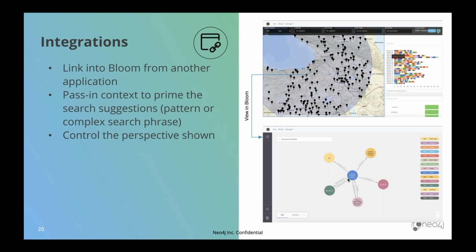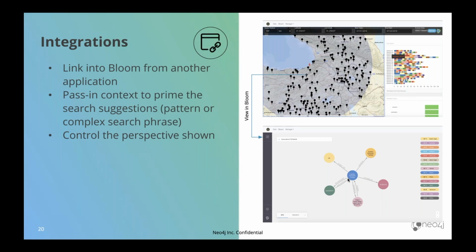So that's this particular example that is being illustrated here. And with these integrations, we think Bloom can provide a lot of power to your analysts, to your business users who are trying to understand what's happening with a particular event, with a particular entity, or whatever context they may have for their particular use case.